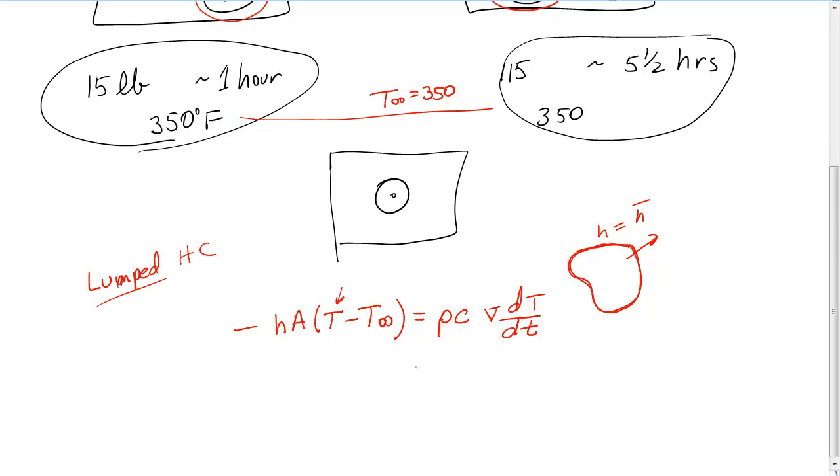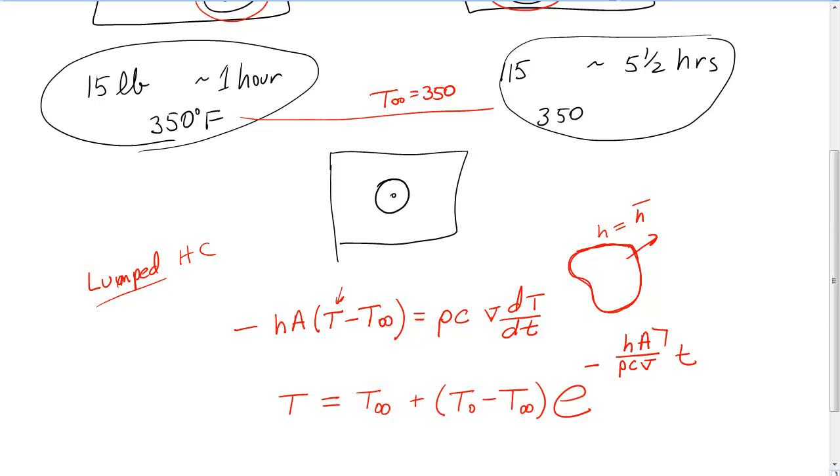Now we're going to look at some of these terms, but the actual solution becomes T is equal to T infinity plus (T naught minus T infinity) times e to the minus hA over rho C volume times time, and you can put a bracket around this.